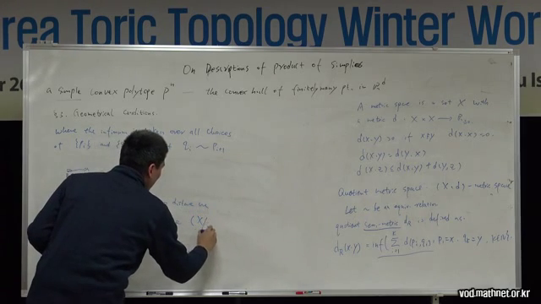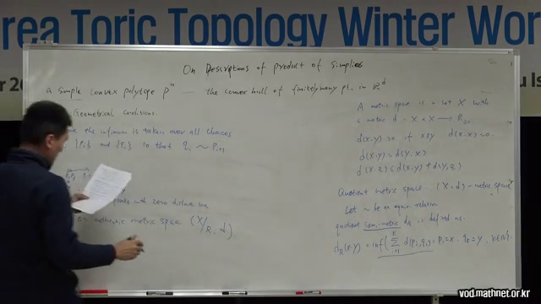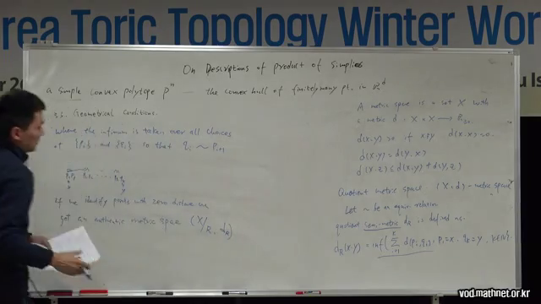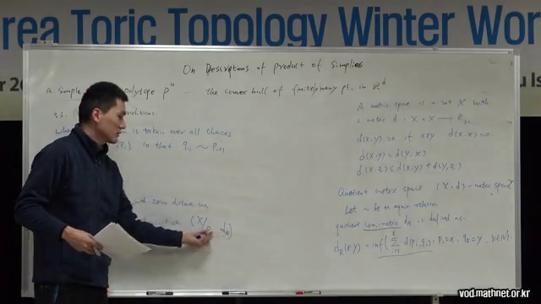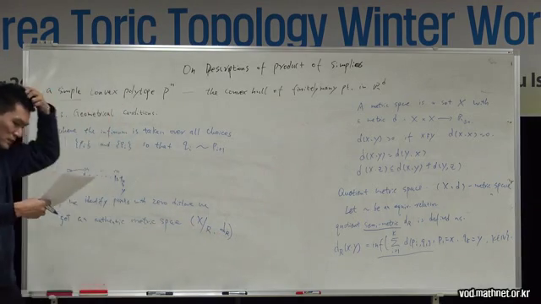We denote it by this d_R. So it defines a metric on the quotient space. Okay.